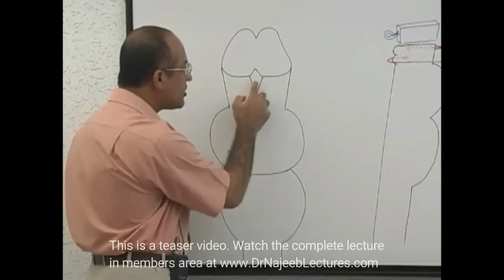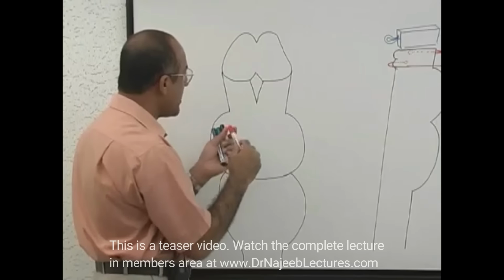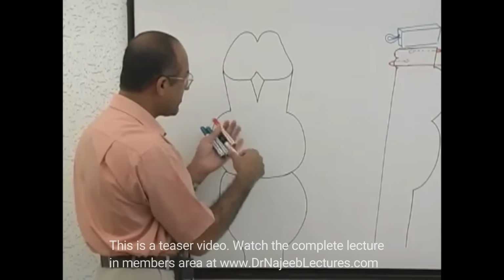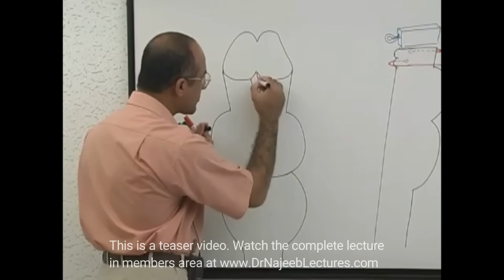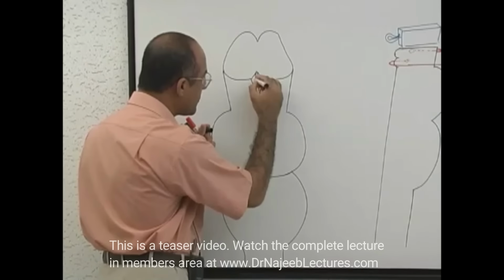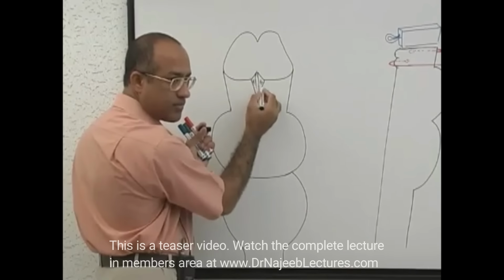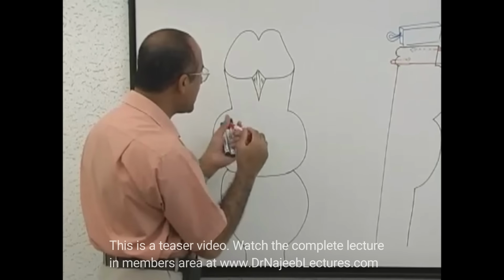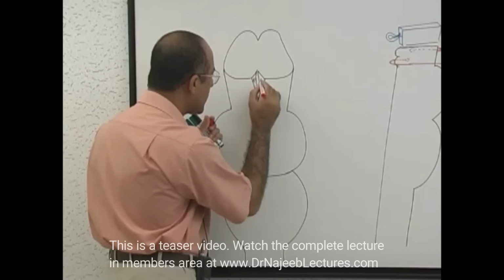But, right, so this interpeduncular area, and of course, this side is the medial side of the cerebral peduncles. Actually, third nerve emerges from here.